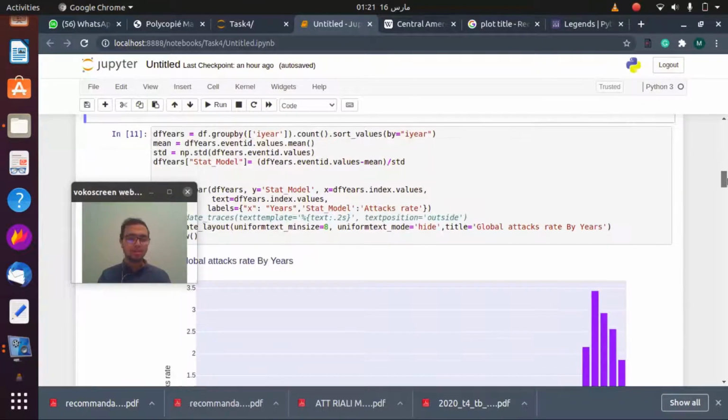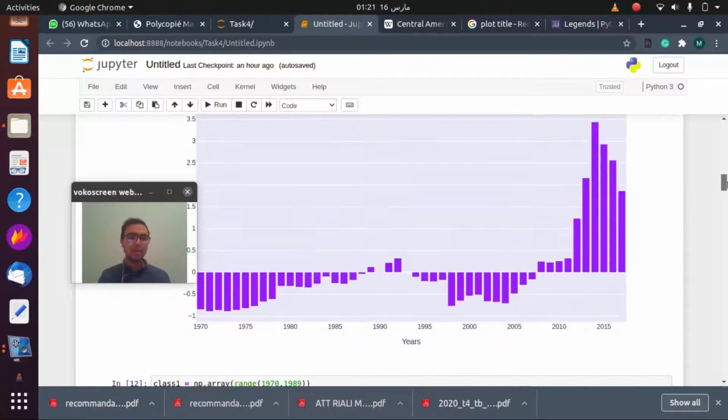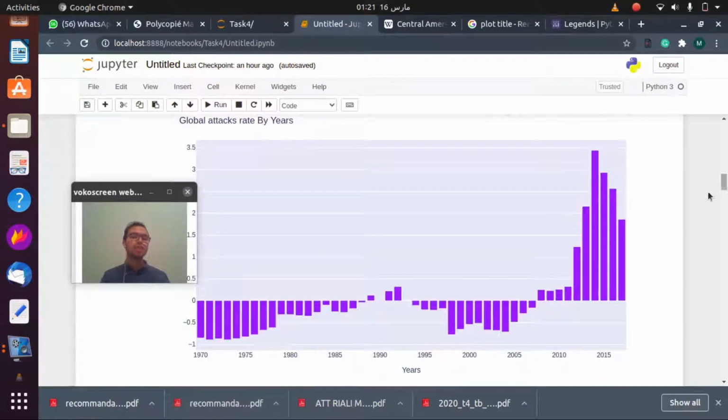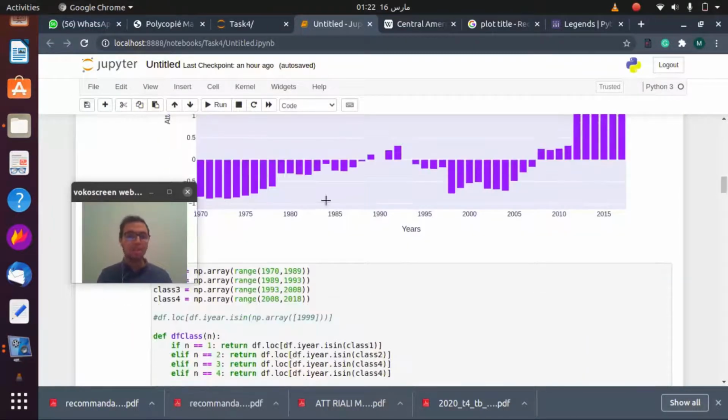And here we have the global attacks rate by years, and as we can see, we have some negative rate here, positive here, and then negative, and finally positive, with a maximum rate in 2014. So we're going to classify our data into four classes.